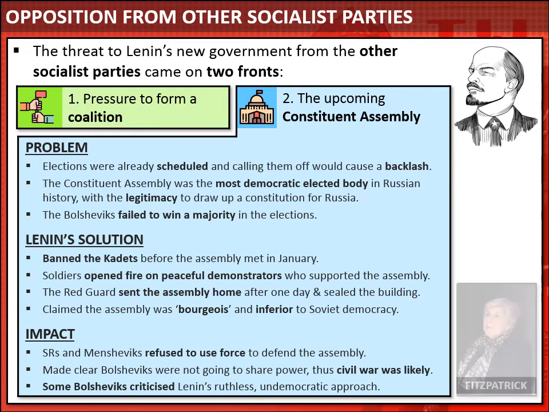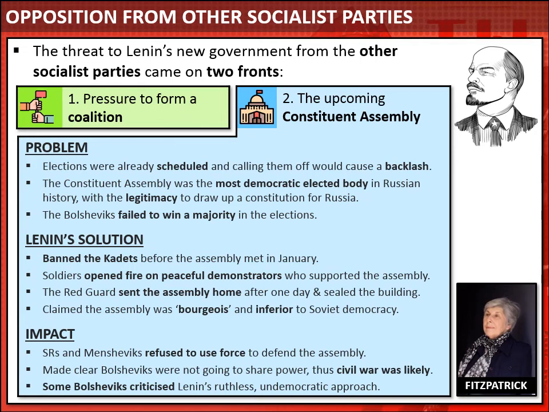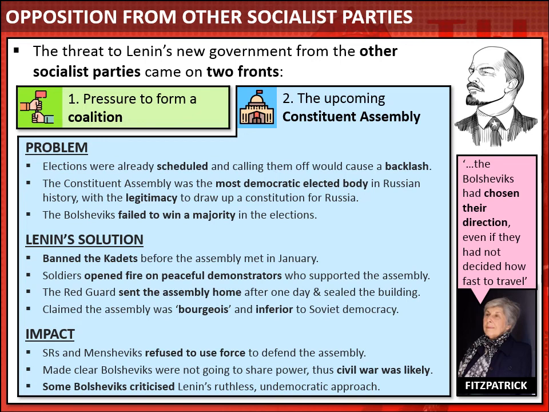Now, the historian Sheila Fitzpatrick argues that the refusal to form a coalition and the closure of the Constituent Assembly was a defining moment in the development of the Bolshevik state. She says this: the Bolsheviks had chosen their direction, even if they had not decided how fast to travel.